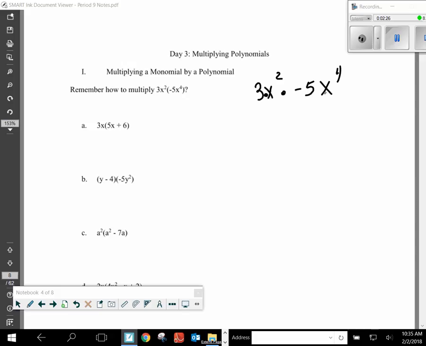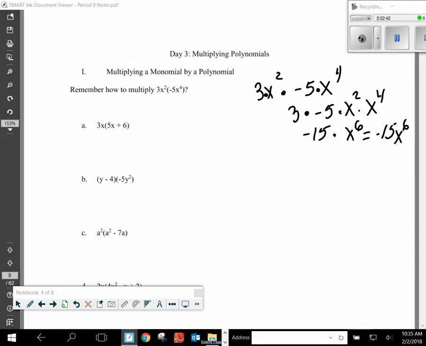And the negative 5 and x to the fourth, there's multiplication between that coefficient and variable too. So using that commutative property, we did 3 times negative 5 times x squared times x to the fourth. Negative 15 times, well, x squared times x to the fourth is just x to the 6. So we get negative 15x to the 6.